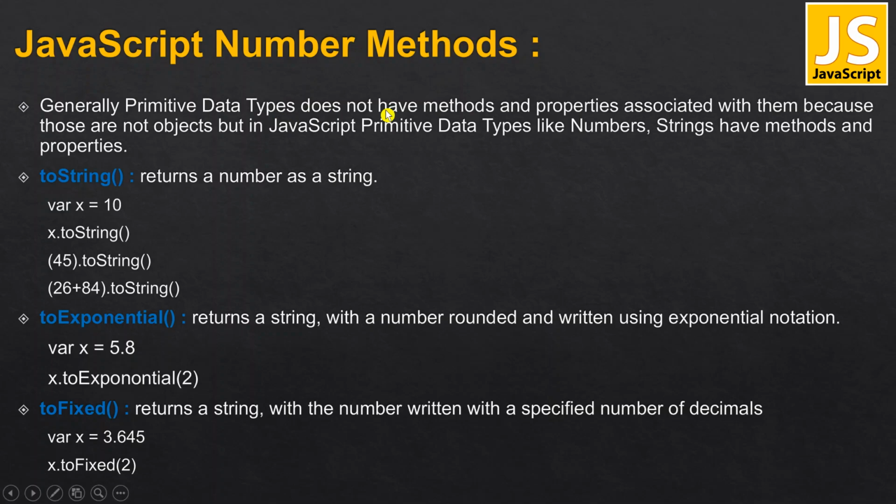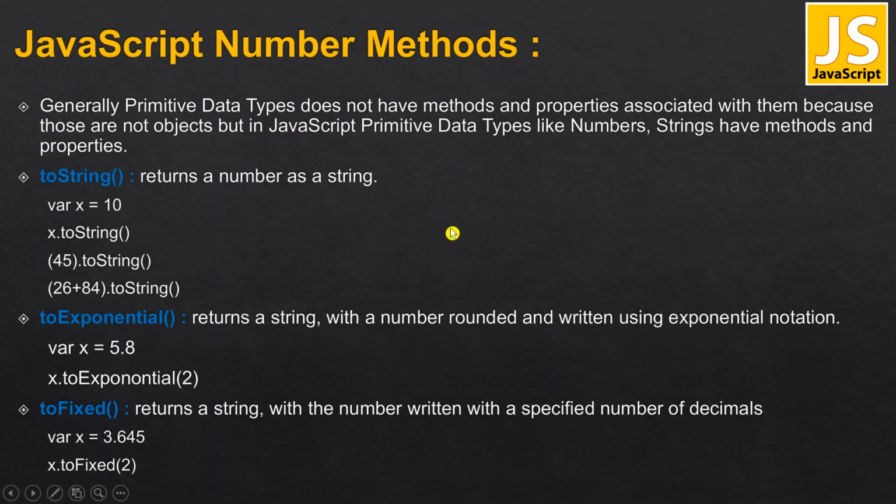Generally primitive data types don't have their own methods and properties because those are single data types like numbers, strings.